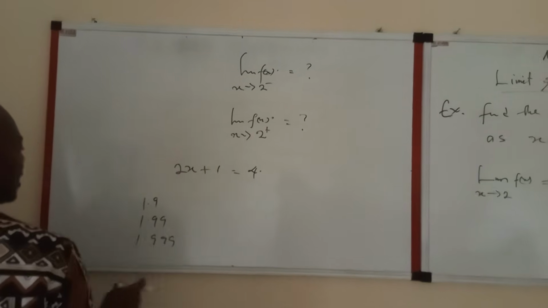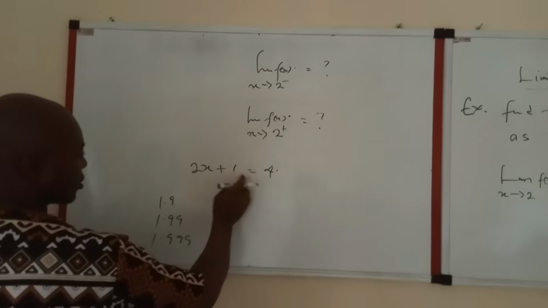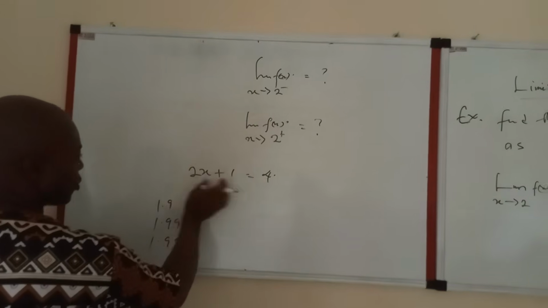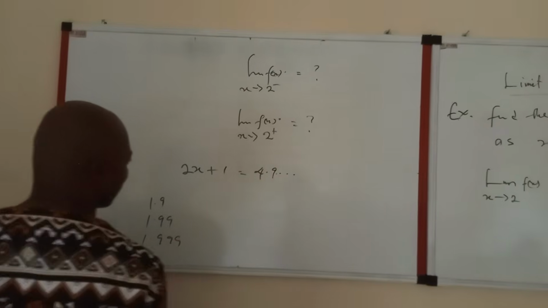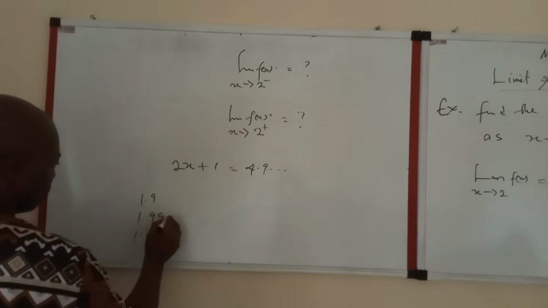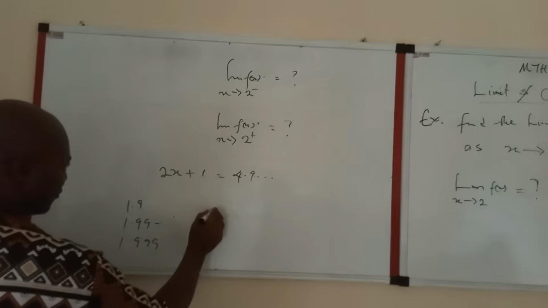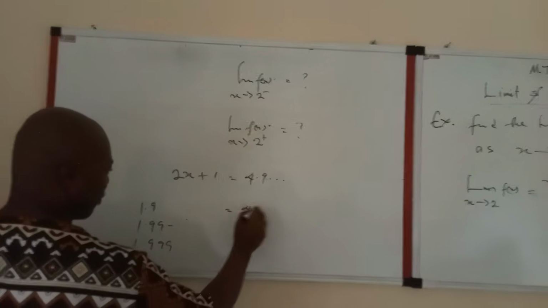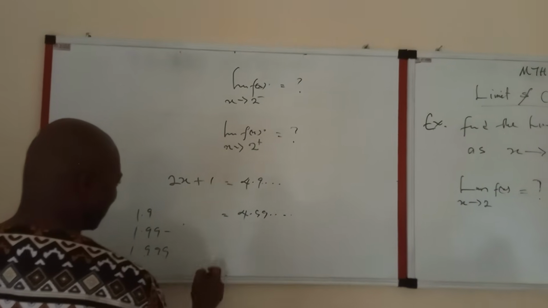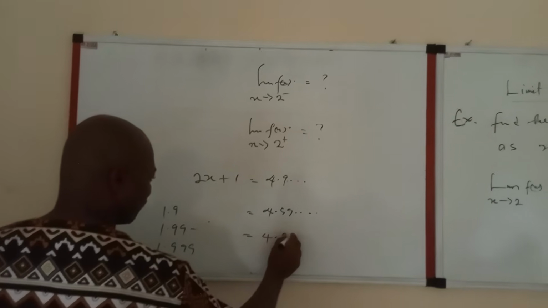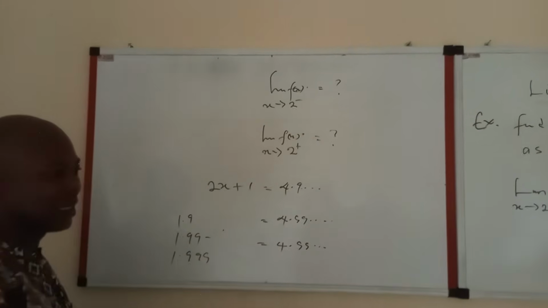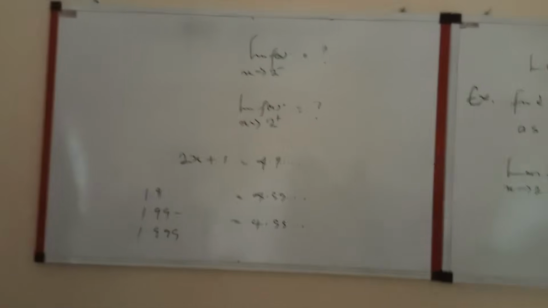Plus 1 will give us 4.9 something. If you put in the next one, you still have about 4.99 something. So you see that it's tending towards 5.